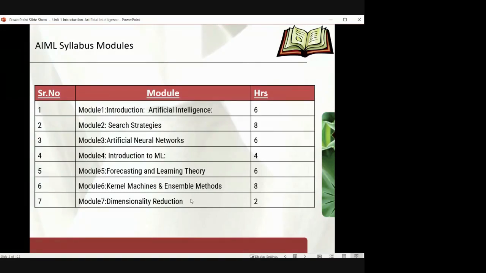Then kernel machines and ensemble methods, the different algorithms we are having in this also. And dimensionality reduction, which is basically a practical implementation of dimensionality reduction through principal component analysis, so that we will learn in module 7. So total 40 hours of theory topics are there from module 1 to 7.